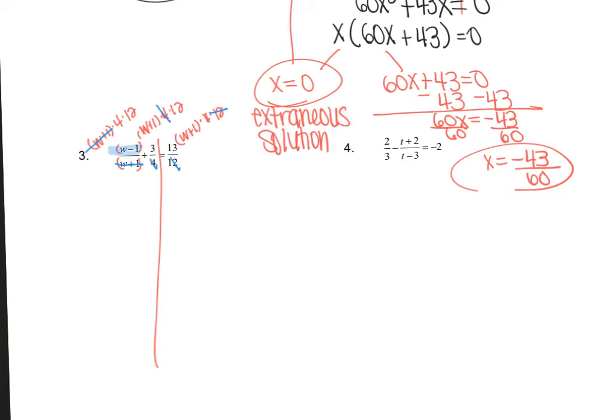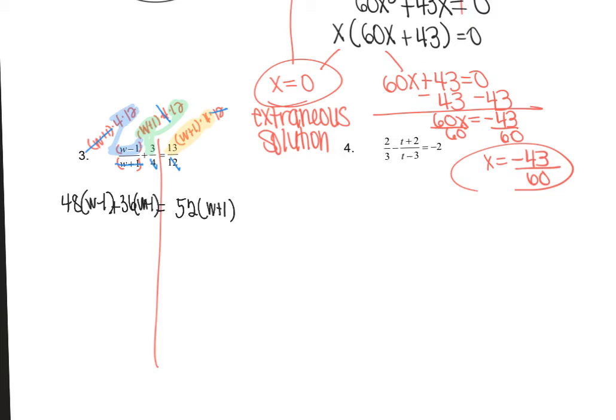So we have this with this, and we have that with that. Okay, so now we have 48 times w minus 1 plus 36 times w plus 1 equals 52 times w plus 1.